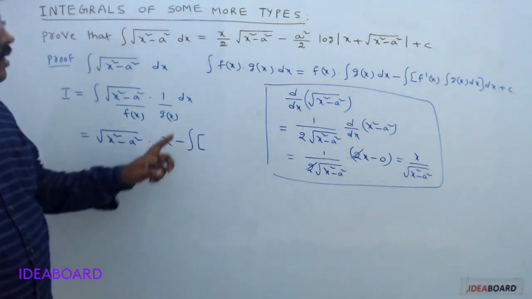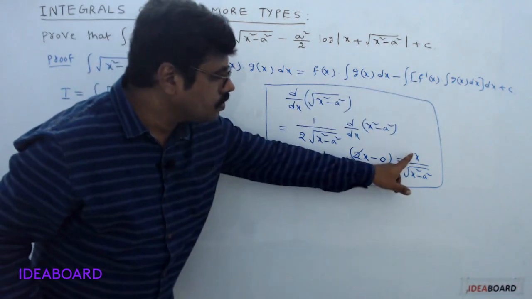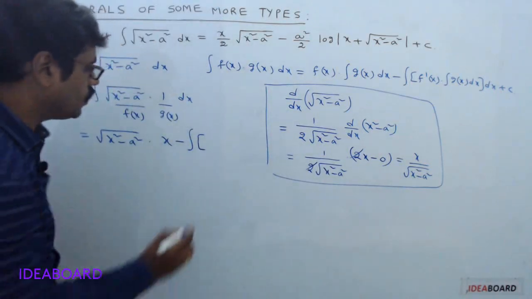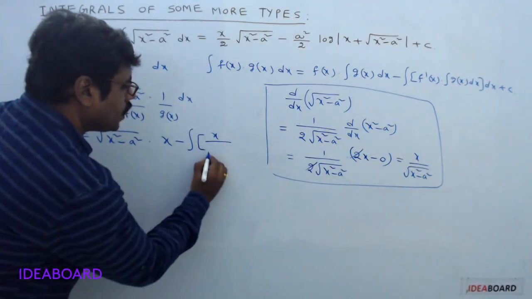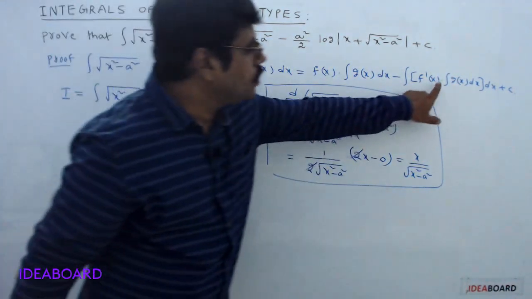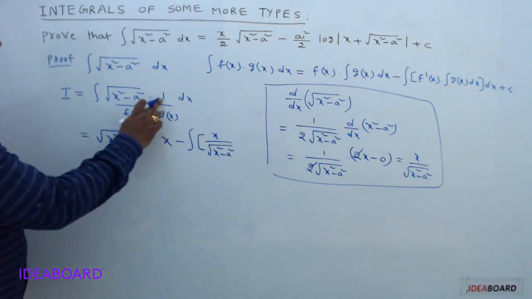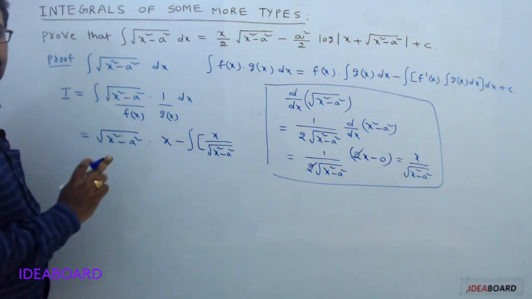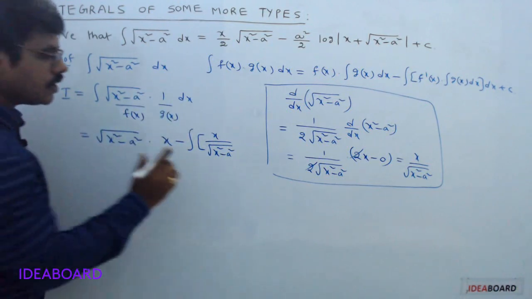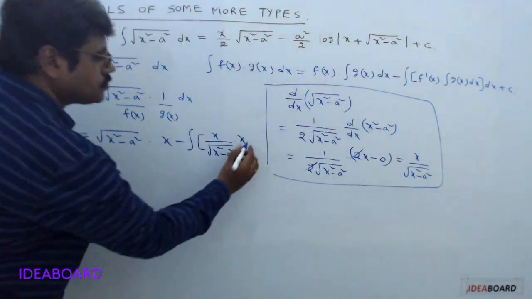So in this formula, in place of f dash of x, you can substitute the value x divided by root of x square minus a square, into integral g of x dx. g of x is 1, so integral g of x dx is integral 1 dx, which is x.